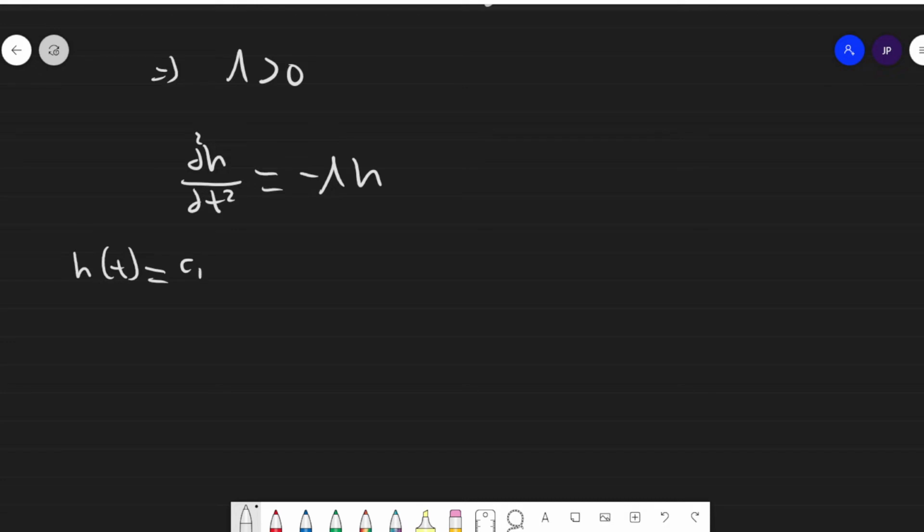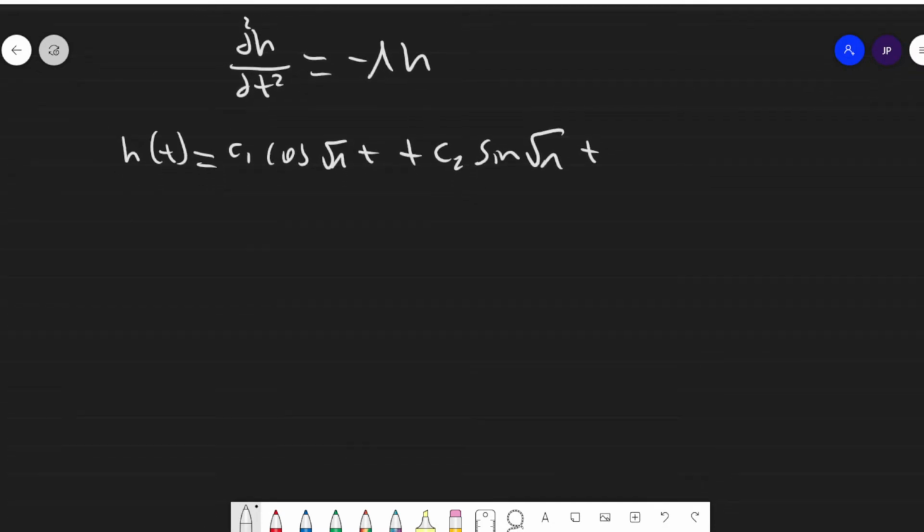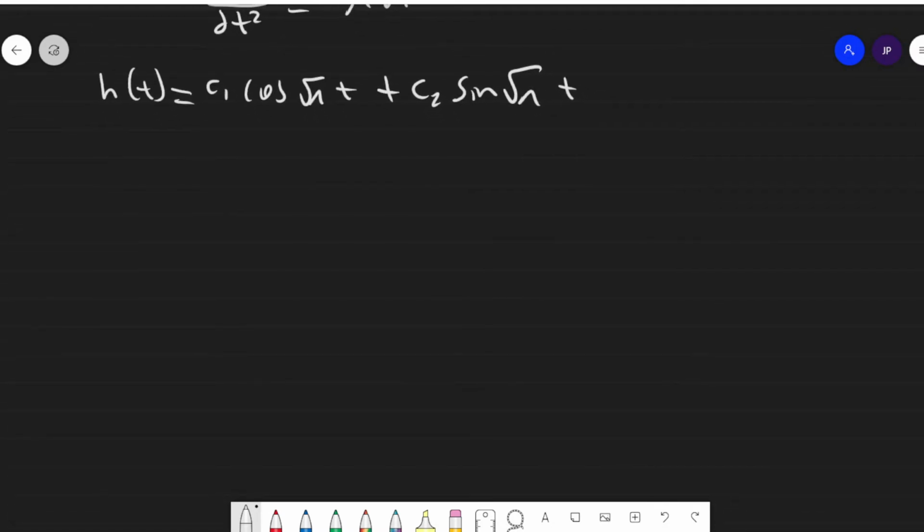So we have cos and sin, and we're going to superimpose them. I'm not going to say it's just the one or the other. We're going to say it's a superposition of the different oscillating functions, which is now cos and sin.